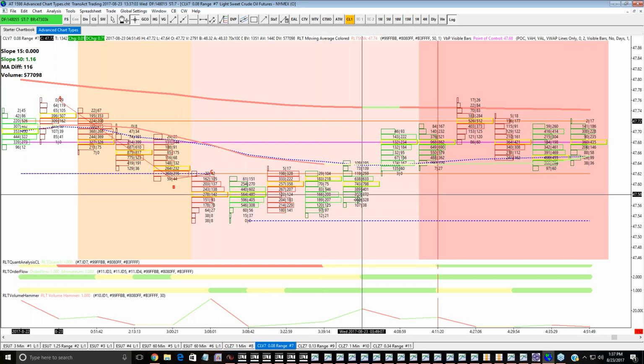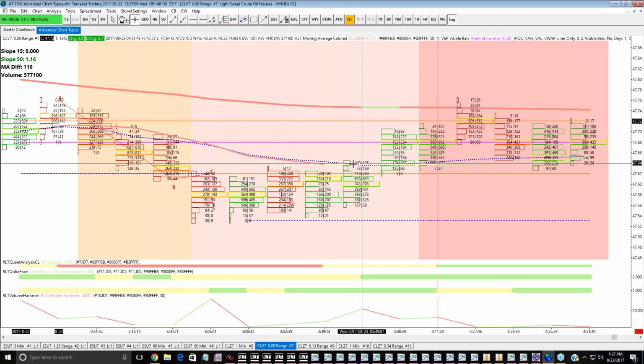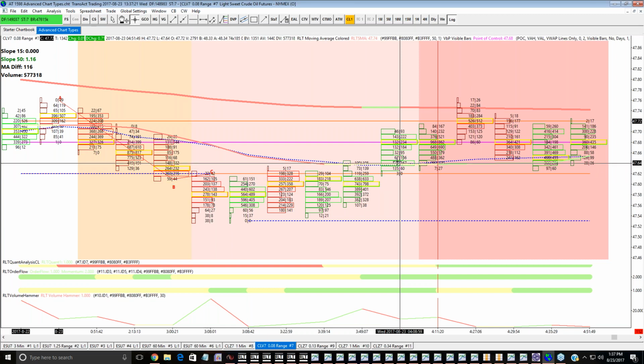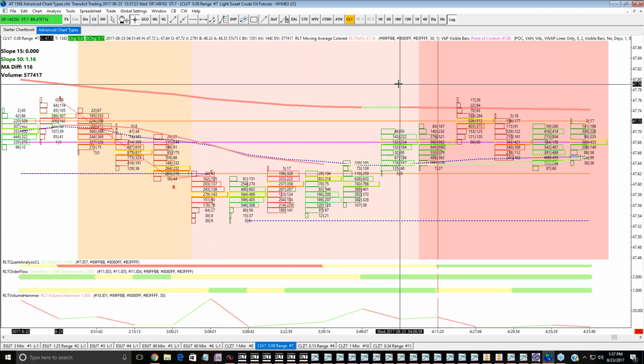This is where you're going to trade solely off of market profile on an individual candle. And remember, the point of control is the key. That's where most volume crosses at a given tick. If most volume is crossing above resistance, you're likely to move through.